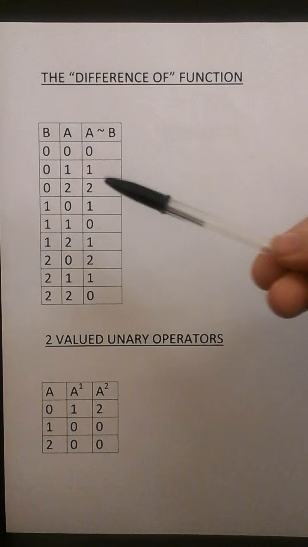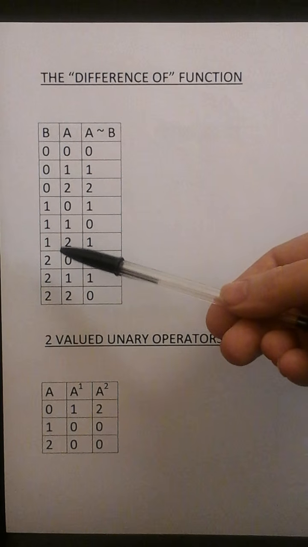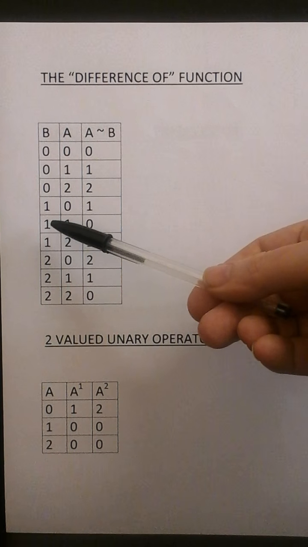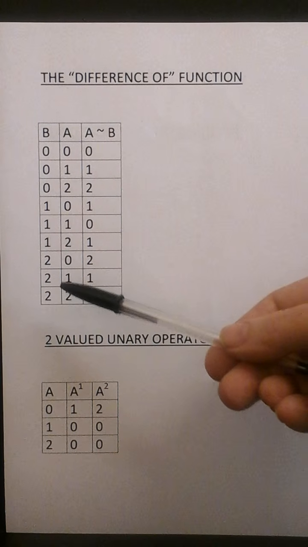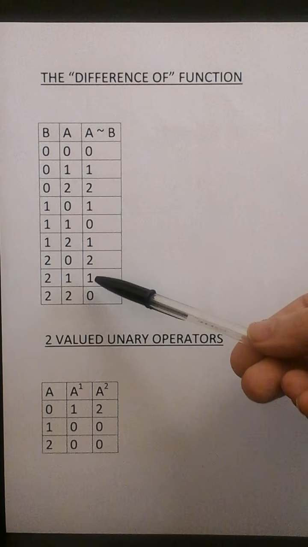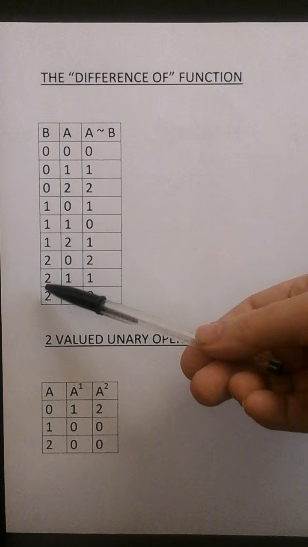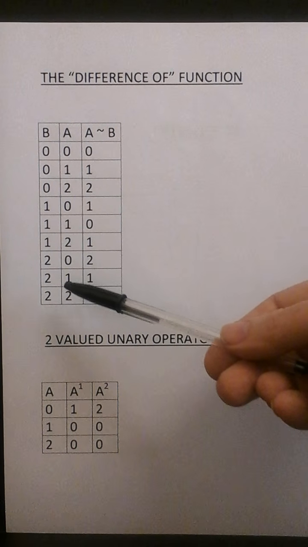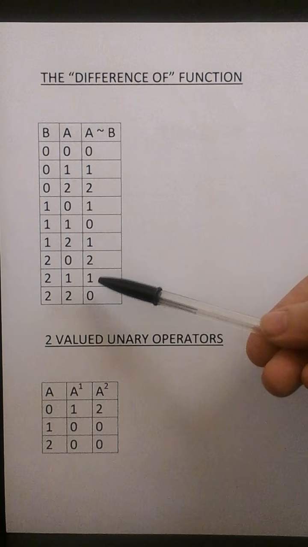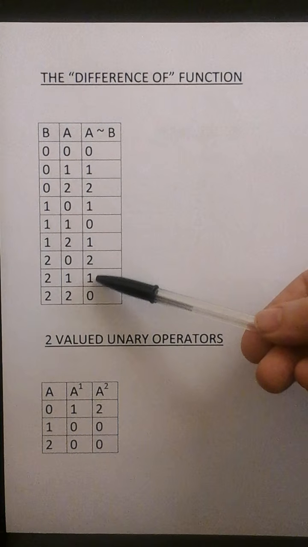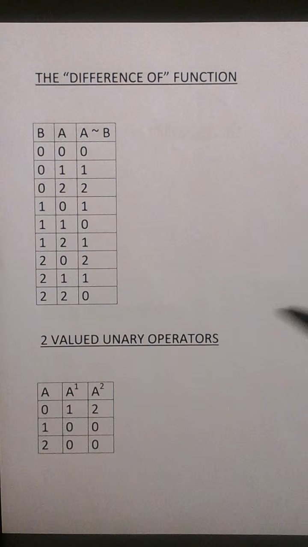So as you can tell, the output is just the difference between the two inputs, ignoring the sign. So a minus b, for example, 1 minus 2 would be minus 1, but ignore the sign, so it's 1.